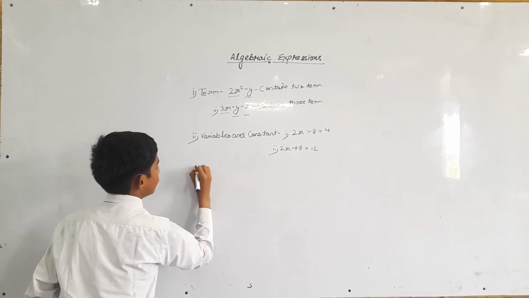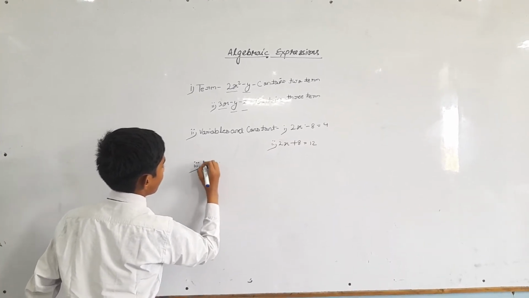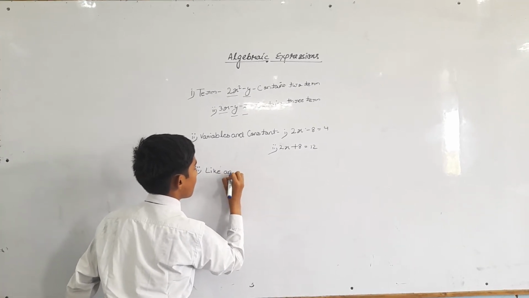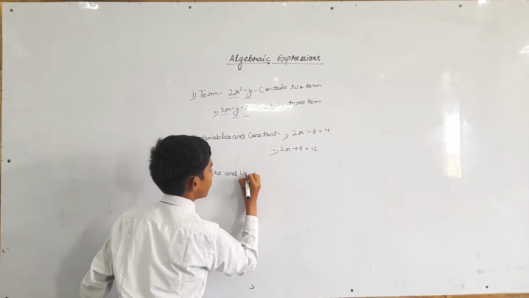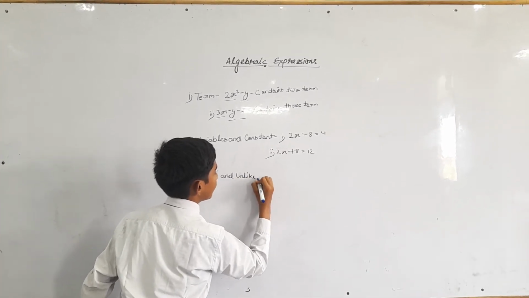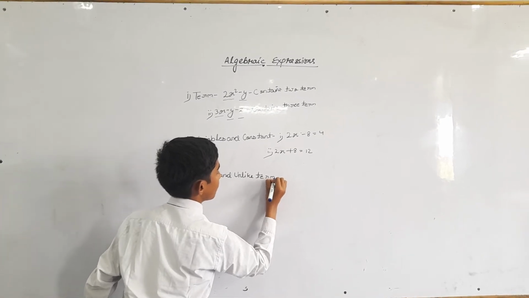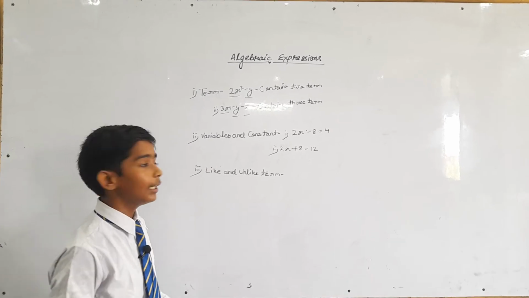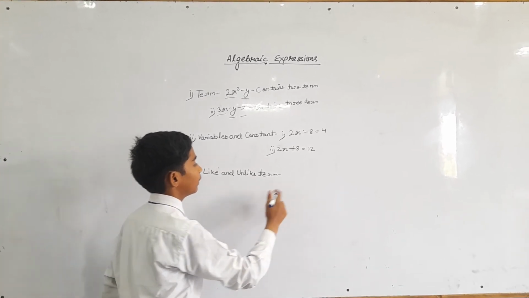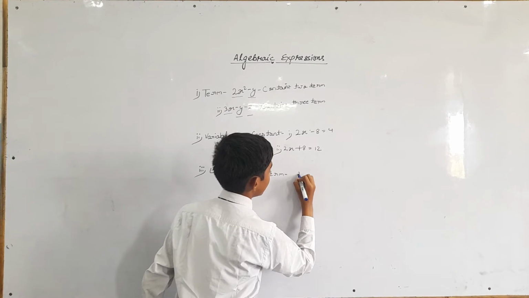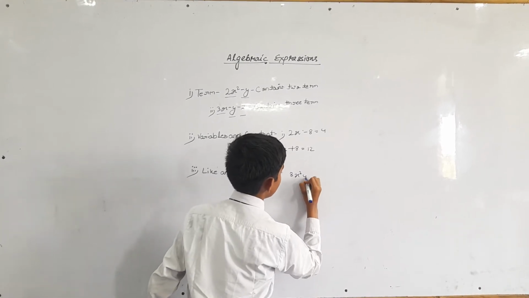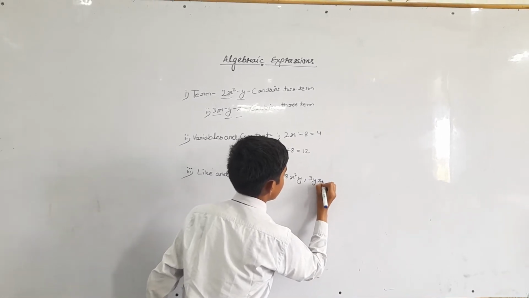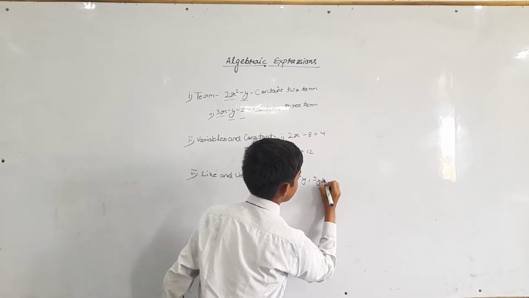Then the third topic is like and unlike terms. Terms having the same literal factor are called like terms, and terms having different literal factors are called unlike terms. Suppose we have an expression 8x square y, and the second term is 9yx square.